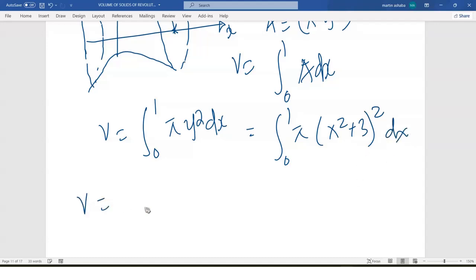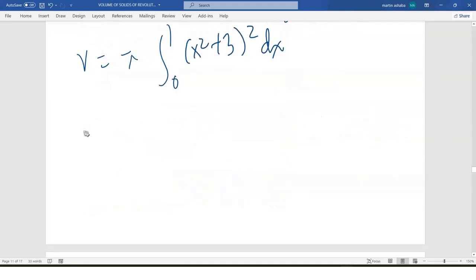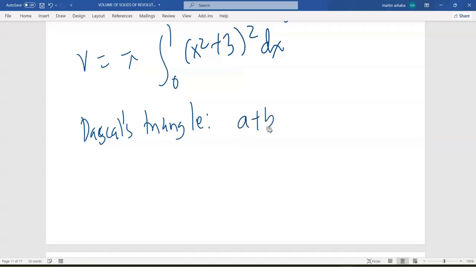So volume is going to be pi, then integrating from 0 to 1 of x squared plus 3, everything squared. Now we need to use what we call either binomial or Pascal's triangle to relate a plus b squared with this.